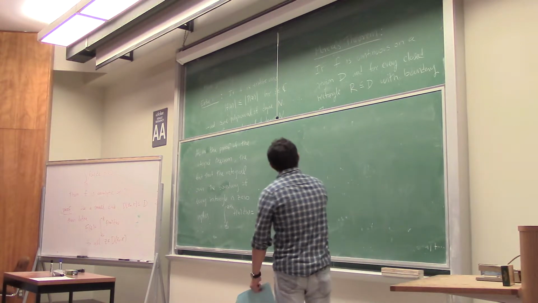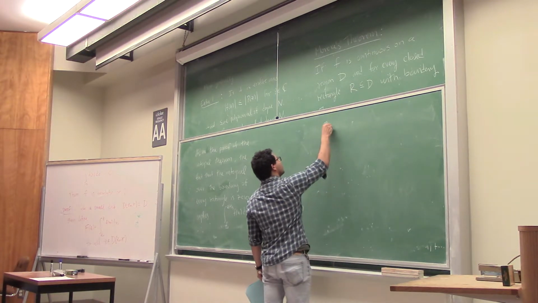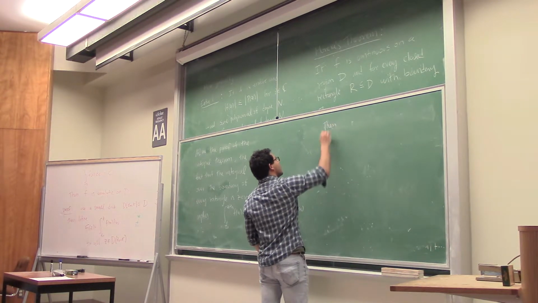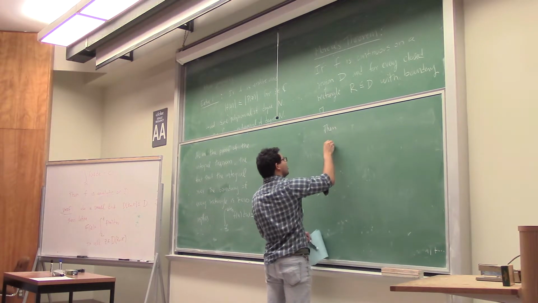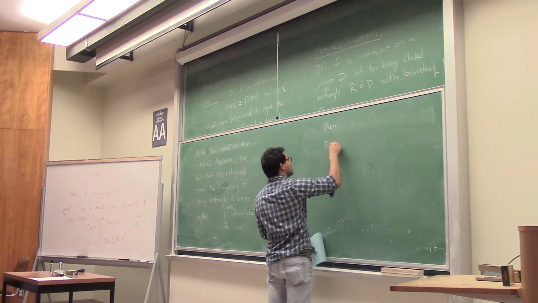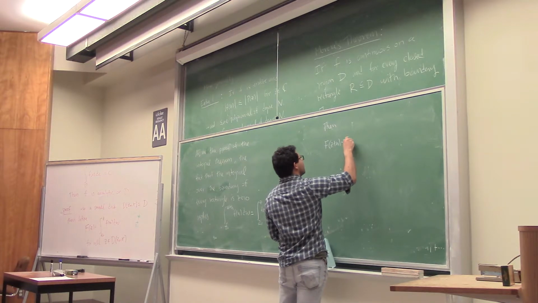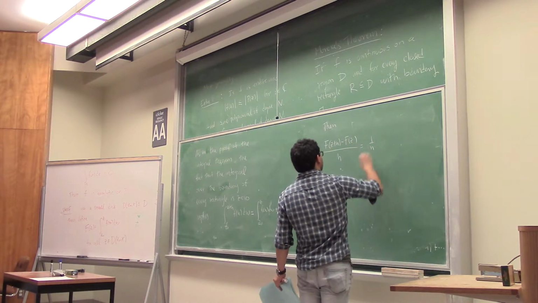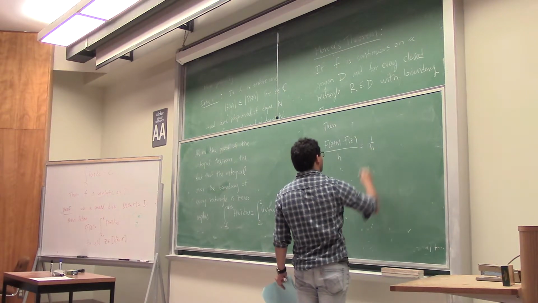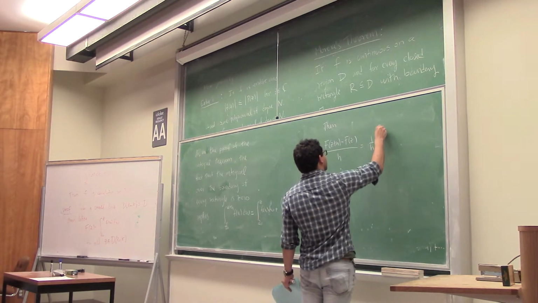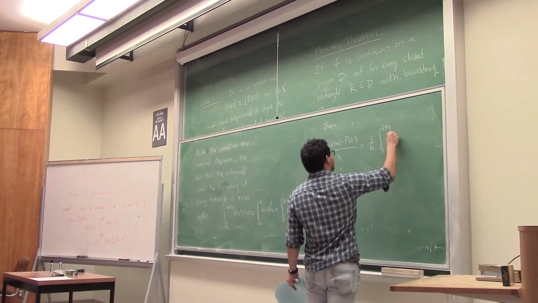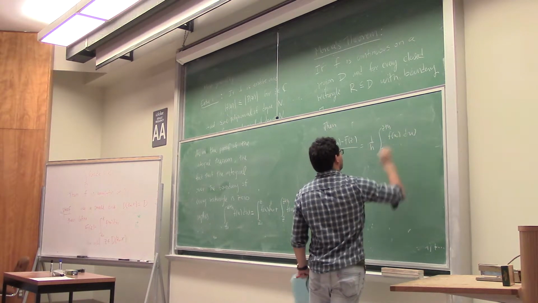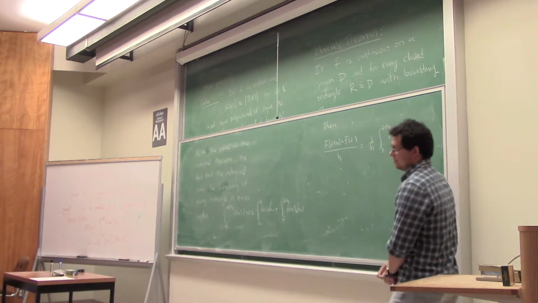And then, let's say that if you take f of z plus h minus f of z over h, that is really 1 over h times the integral between z and z plus h of f of w dw.